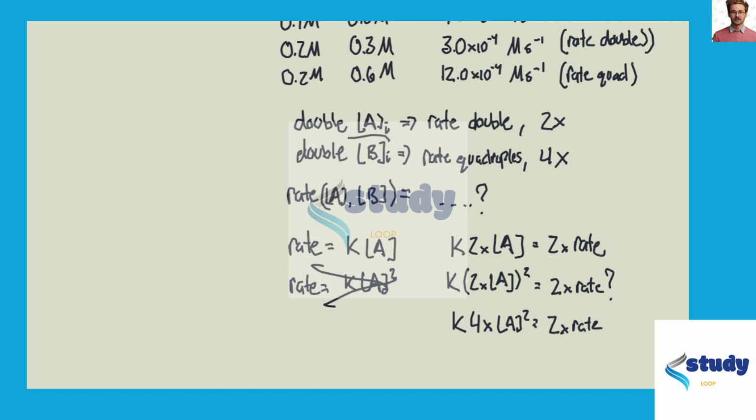But notice that in the case of B, when we doubled our B, the rate quadrupled. Well, that's exactly what we saw for our hypothesis about the rate being quadratic in A, right? When we multiplied A by 2 and then squared that quantity, we got 4 times.